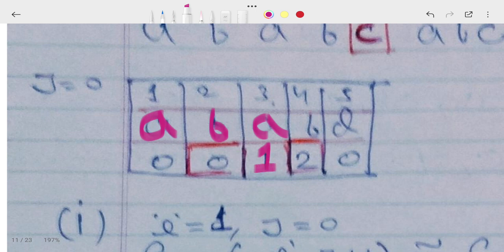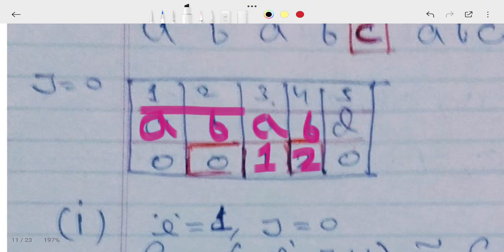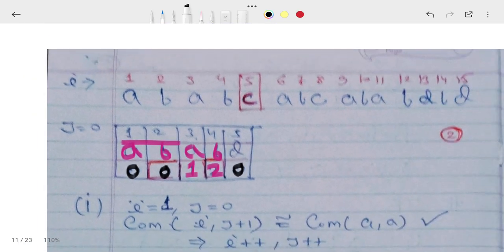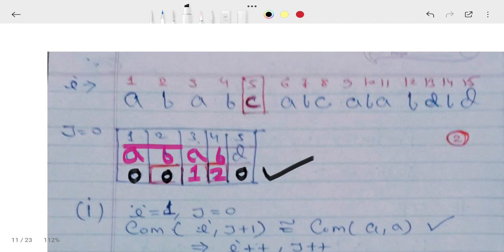Now after A there is a B, so I am writing 2. D never came, so remaining I am writing 0. So this is the meaning of this one: this came 0 times, this came 0 times. This is the meaning of 0 0 1 2 0. So once you understand how to make the pattern, then you can easily verify the algorithm.